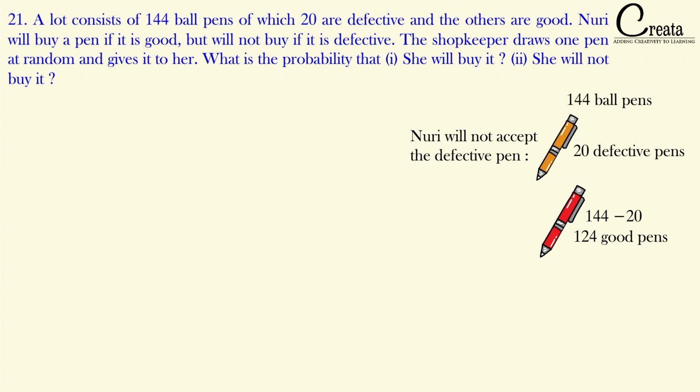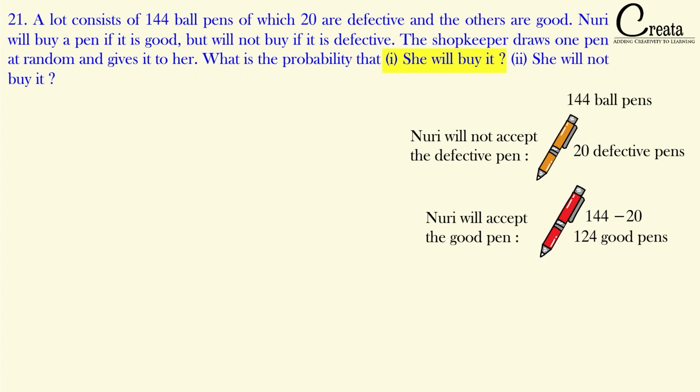So what is the probability that if the shopkeeper randomly takes out one pen, it will be acceptable to Nuri or not? It means that if the shopkeeper randomly takes out one pen, if it is good, then it is acceptable to Nuri. If it is not good, it is not acceptable to Nuri. In the first case, we have to find the probability that she will buy the pen.